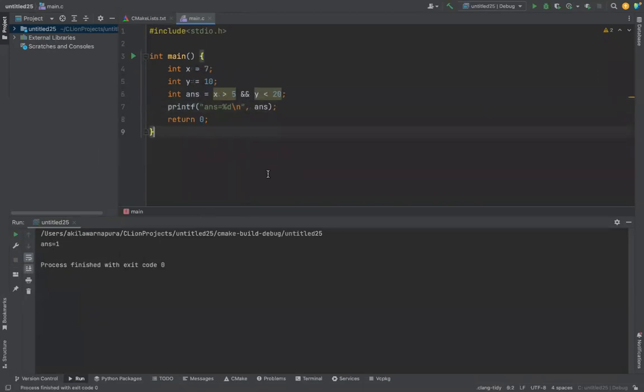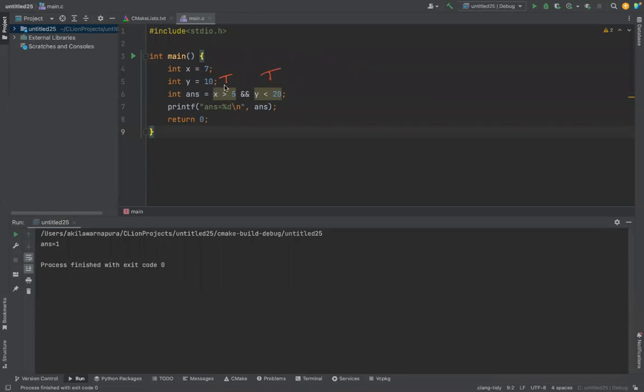Okay, why is the answer 1? Because x greater than 5: x is 7, greater than 5. Yes, it is true. And y less than 20: y is 10. Yes, it is less than 20. The condition is true.